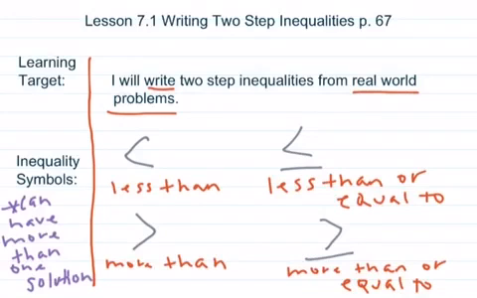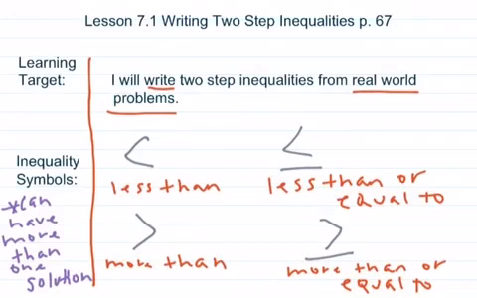That's a major difference. So equations, there is one value that we're solving for. Inequalities, you could have multiple values. We're going to be looking at this throughout the rest of the week and into next week.